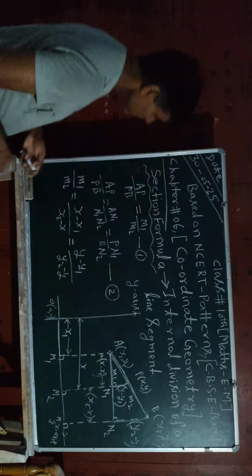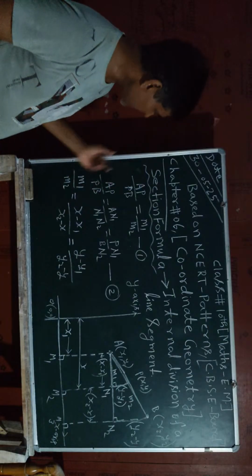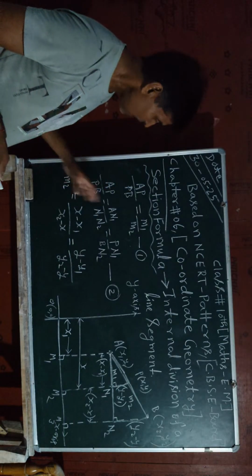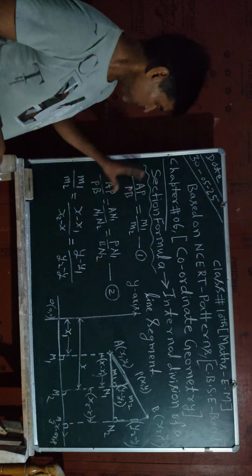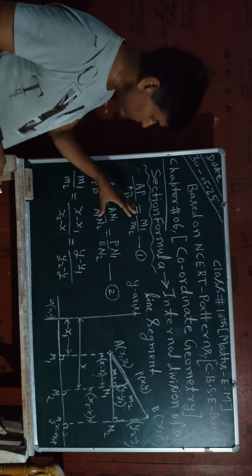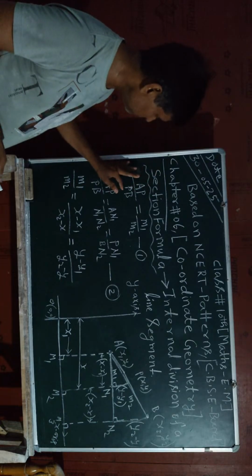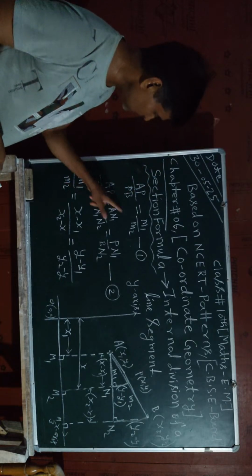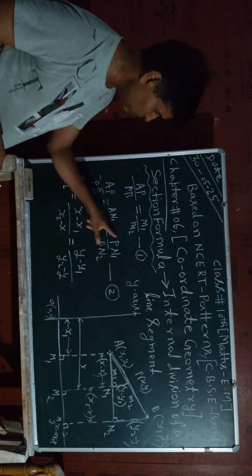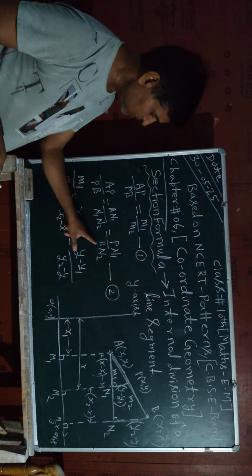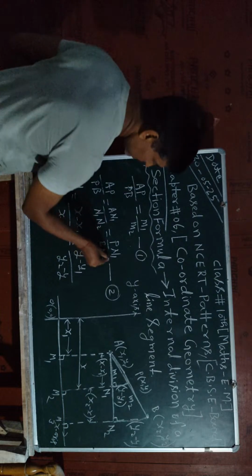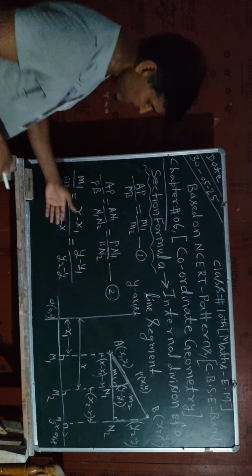So from equation number 1 and equation number 2, I have substituted the values of AP divided by PB, AN1 divided by N1N2, and PN1 divided by BN2.